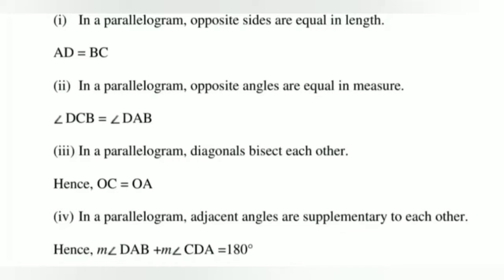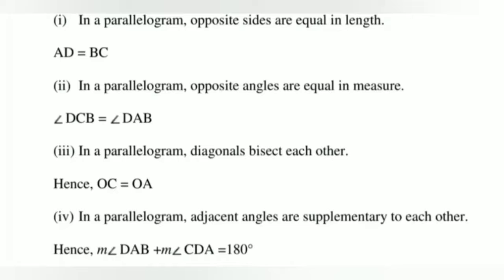So this OC is equal to OA. And the last one, angle DAB plus angle CDA. These both are adjacent angles, and adjacent angles are supplementary to each other. It means the sum of these two angles is 180 degrees. So we can write here angle DAB plus angle CDA is equal to 180 degrees.